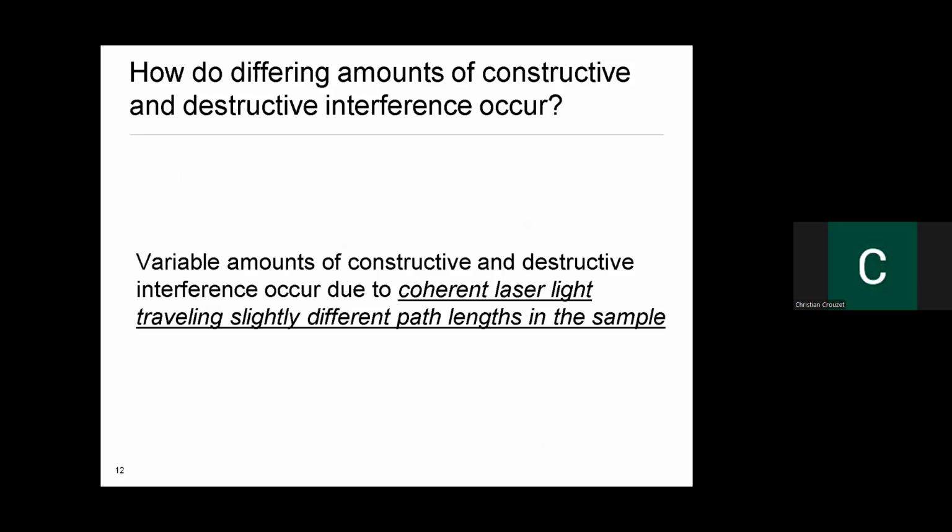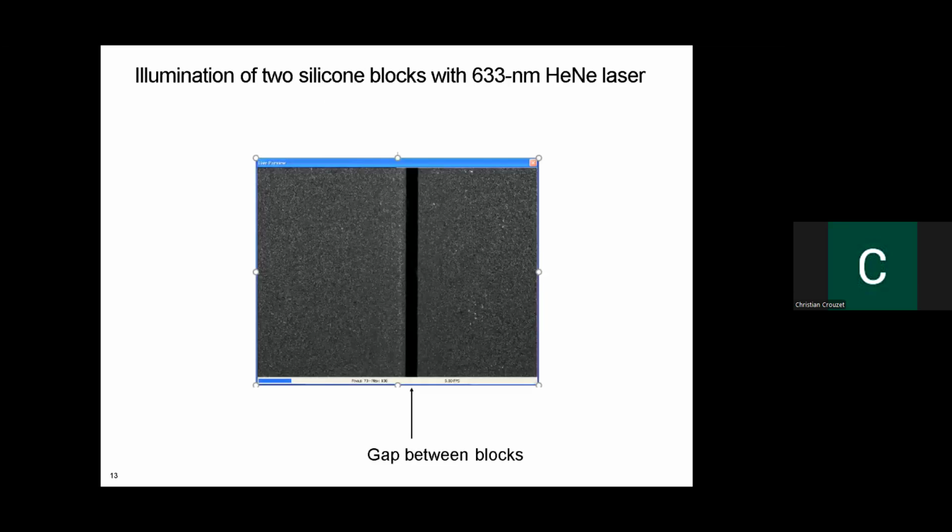But when you send the light into the tissue, when it interacts with what's in there, they all go slightly different amounts of distances. So that's where you get that variable distance. Some are still constructively interfering, some destructively interfere, and some are in between. And that's all because of how the light is going through the tissue. And from there, we get our speckle pattern.